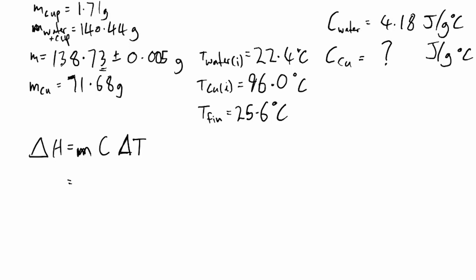So the mass of the water that we had is 138.73. The specific heat of water is 4.18 joules per gram degree. And the change in temperature is, it started at 22.4. Just trying to think about which is the best way around to do this.